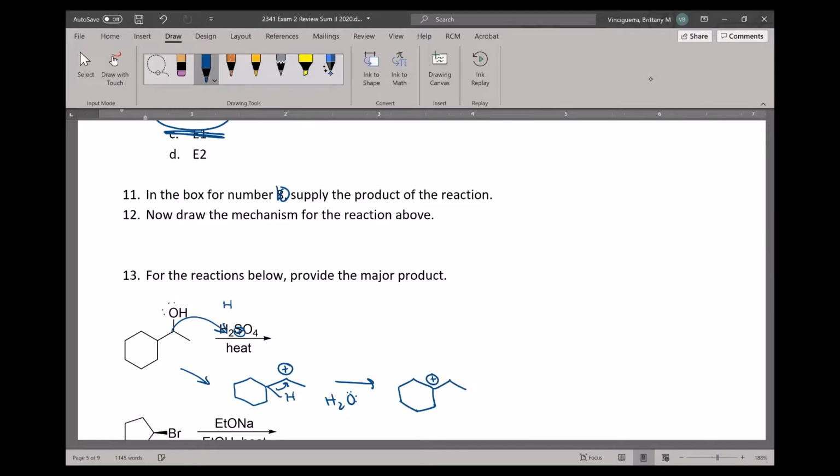Okay, so now we can talk about the products. So what are our options here? So we are going to form a double bond. This turns into an elimination, right? This is a dehydration.